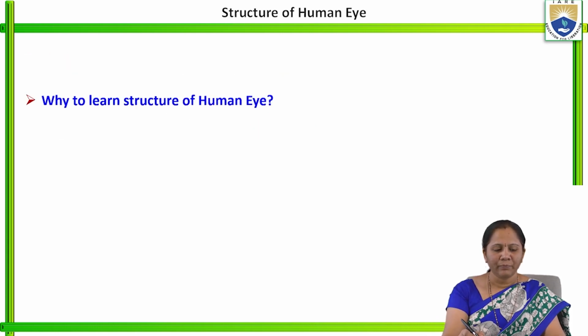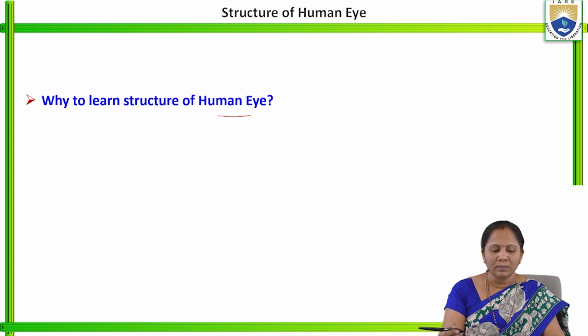First question: why learn the structure of the human eye? Generally, digital image processing is completely built on mathematical and probabilistic formulas.